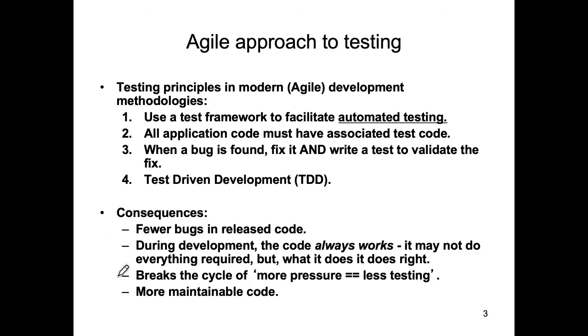Like the old way of doing things was that you did all of your testing after you did all of your development. And that was usually a very stressful period because it was only at the end of the development life cycle that you were finding all of the bugs. So there's less pressure now in this agile approach based on all the things that I've just said to you.